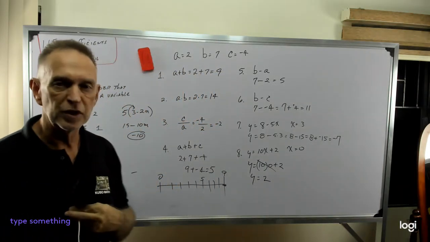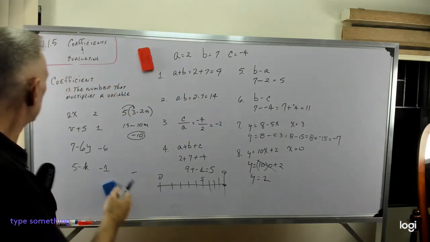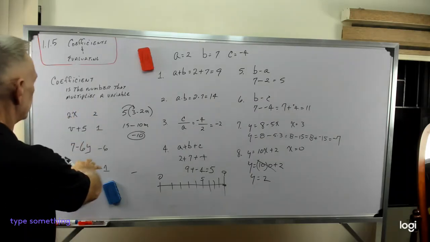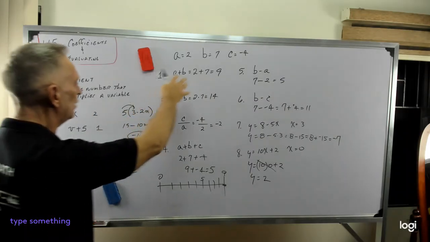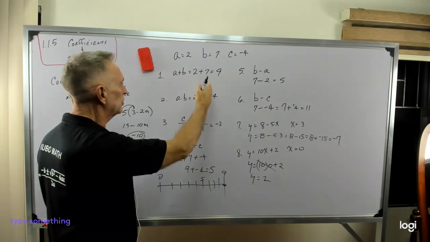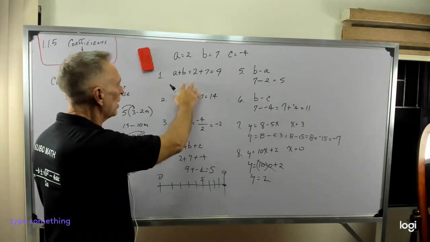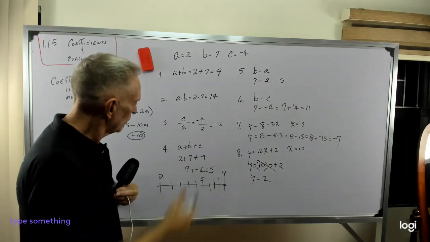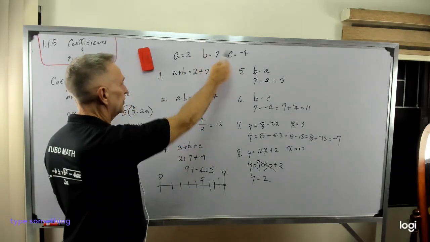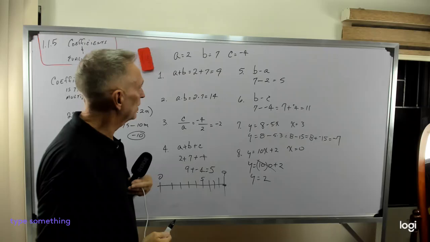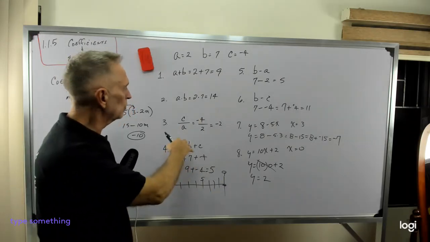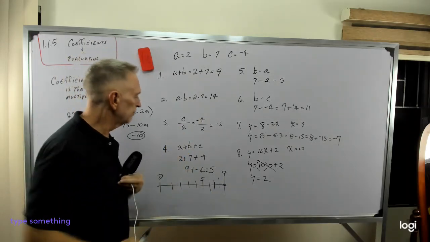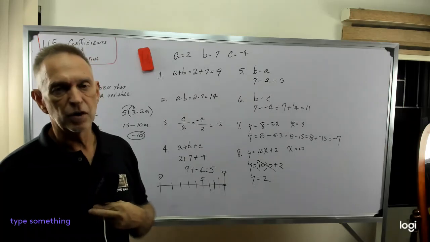So these are some simple examples of how you could understand the coefficients first off, but then evaluate expressions and change them from algebraic to numeric if you know certain variables. In this case we knew 2, 7, and negative 4, and we could just plug those in for the respective variables in the equations.